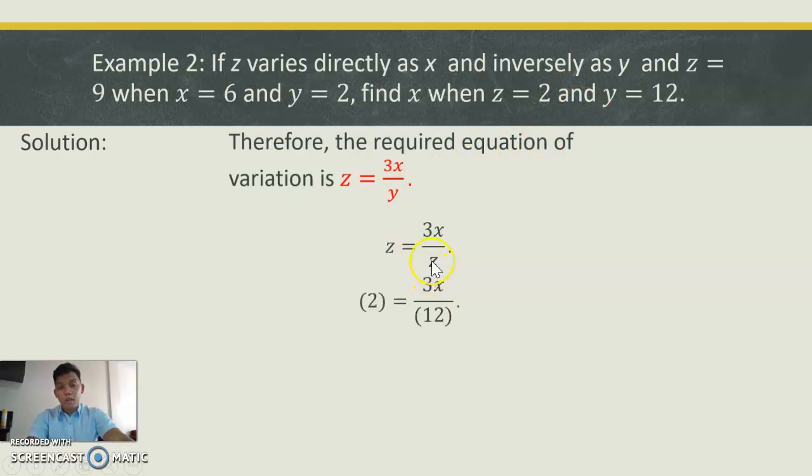Sorry, 2 for z and 12 for y. Then just cross multiply, that gives us 2 times 12, which is 24, and then divide both sides by 3. Therefore, x is 8. Is that okay? No questions so far? Well, let's proceed to the next example, number 3.